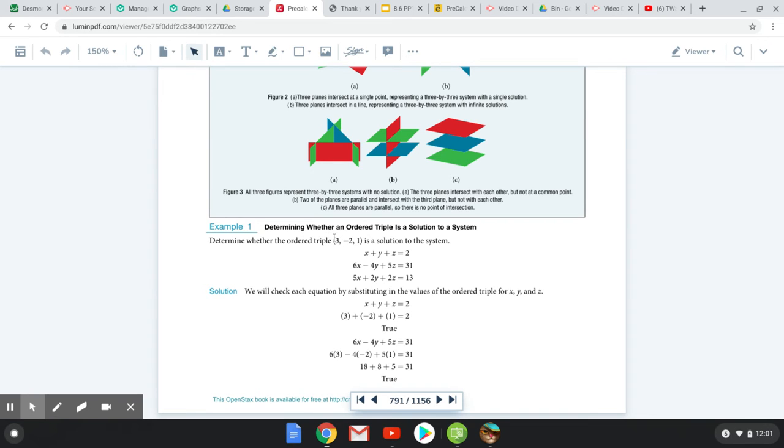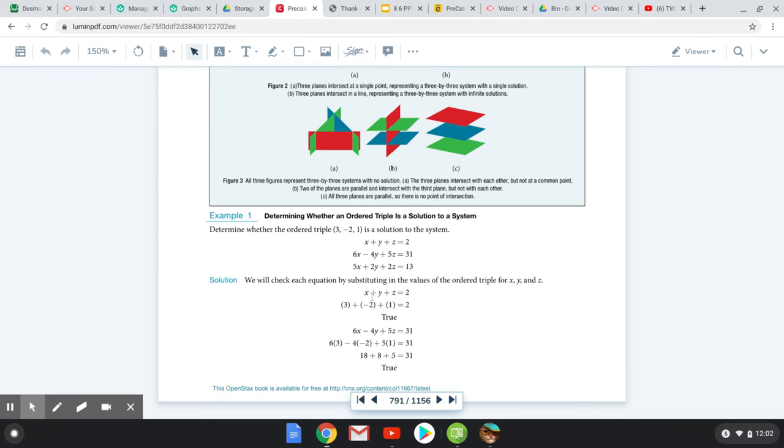This example is really just talking about if you're given this triple. So remember, we have three unknowns, so it's an ordered triple. If you want to know if that's a solution, you just plug in these three x, y, z values into the three equations and see if you get true statements.